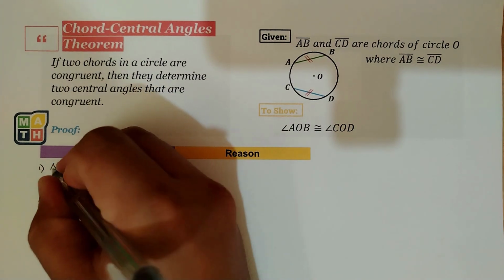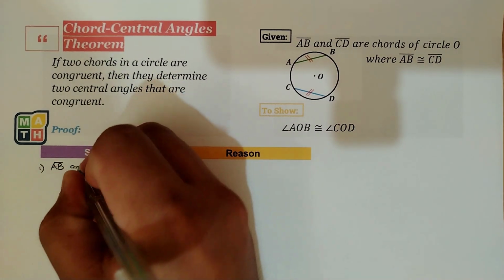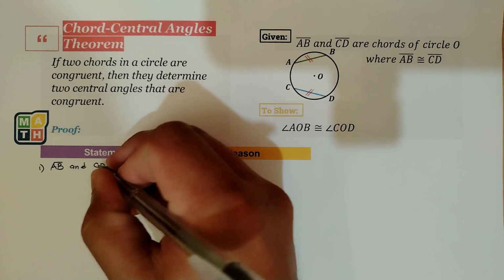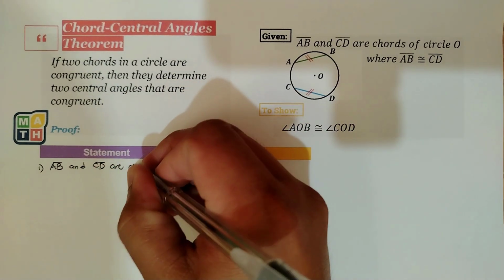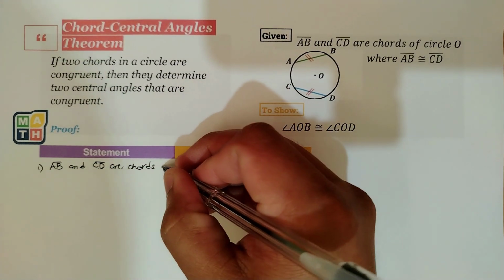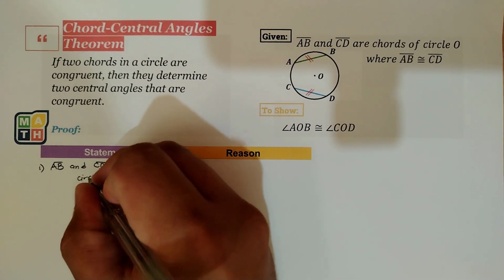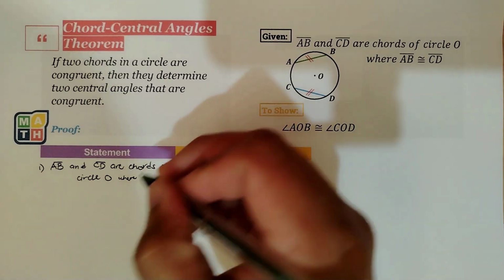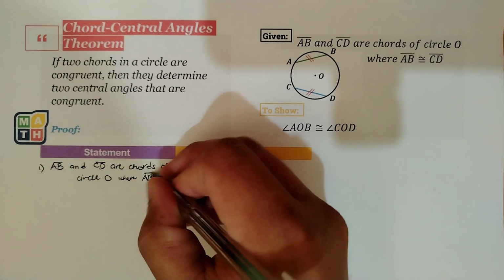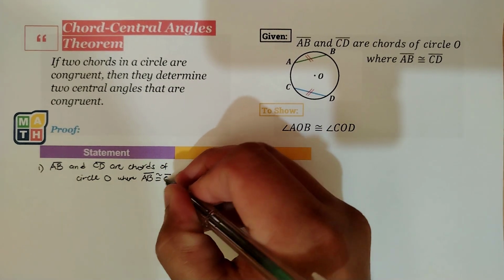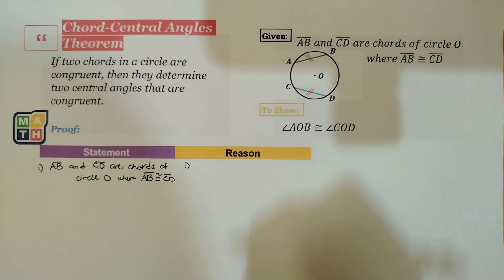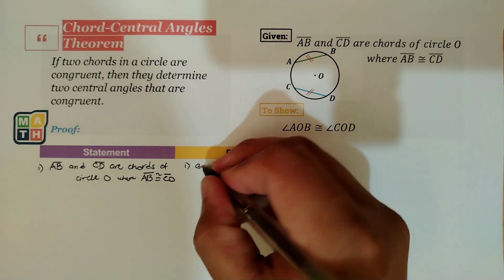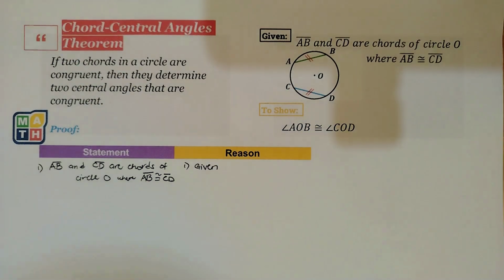So we have here chord AB or segment AB and segment CD are chords of circle O, where they are congruent. And of course, the easiest reason is that this is what is given.